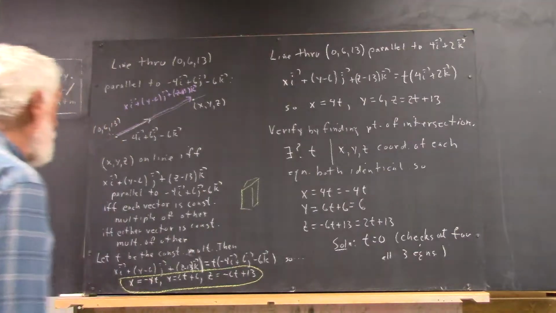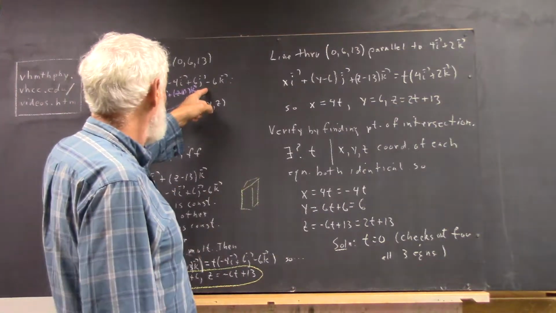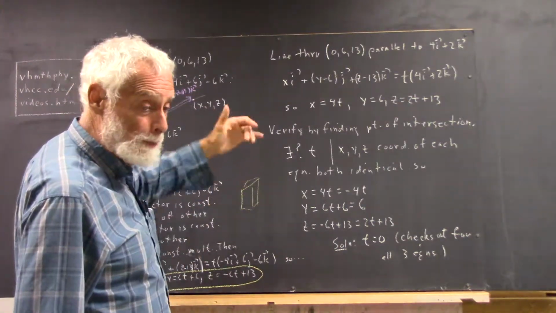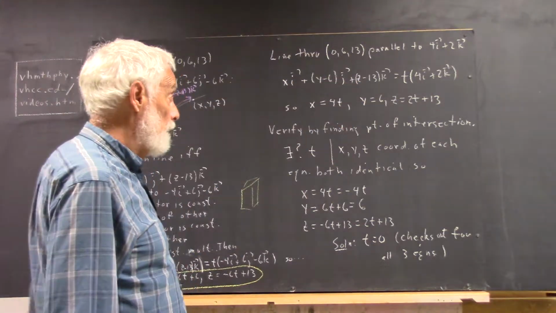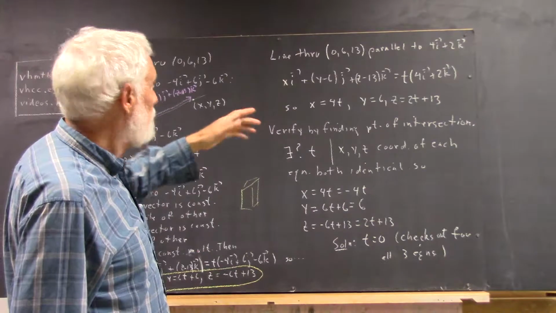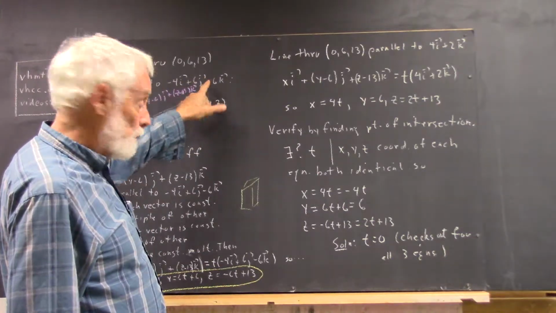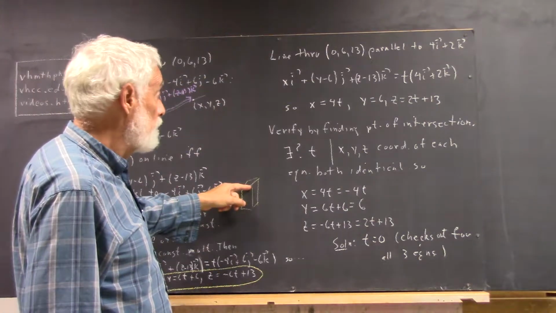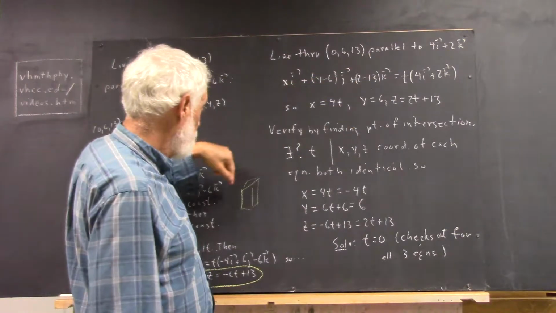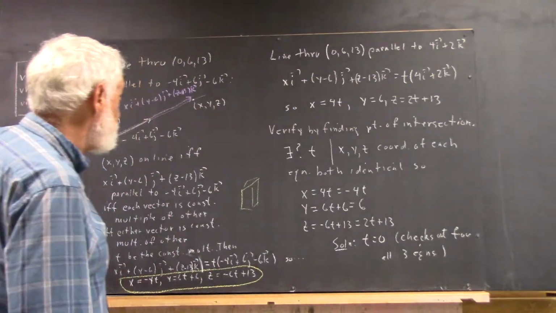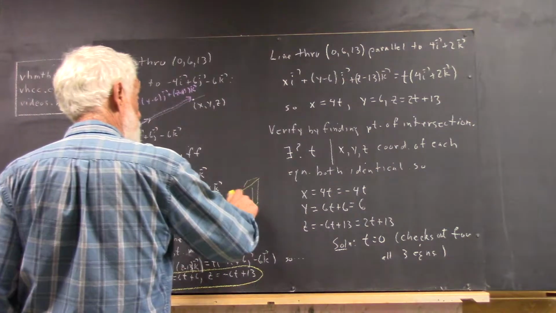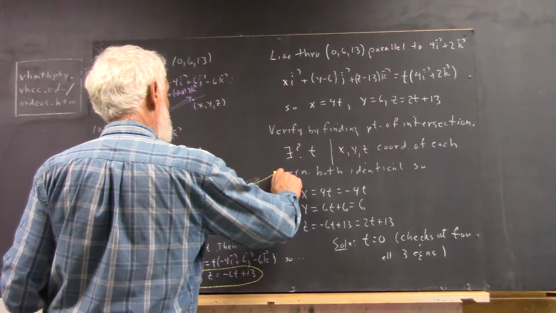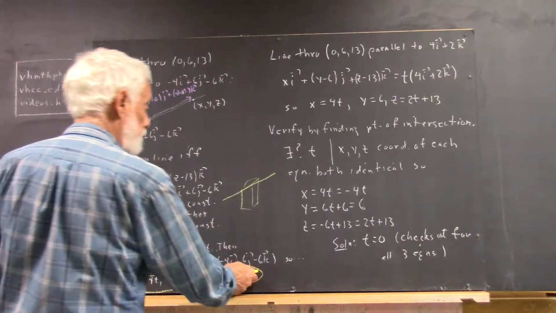One vector is what we got for one of these edges, and this is the vector we got for another edge. So now we've got the equation for the line through (0, 6, 13).